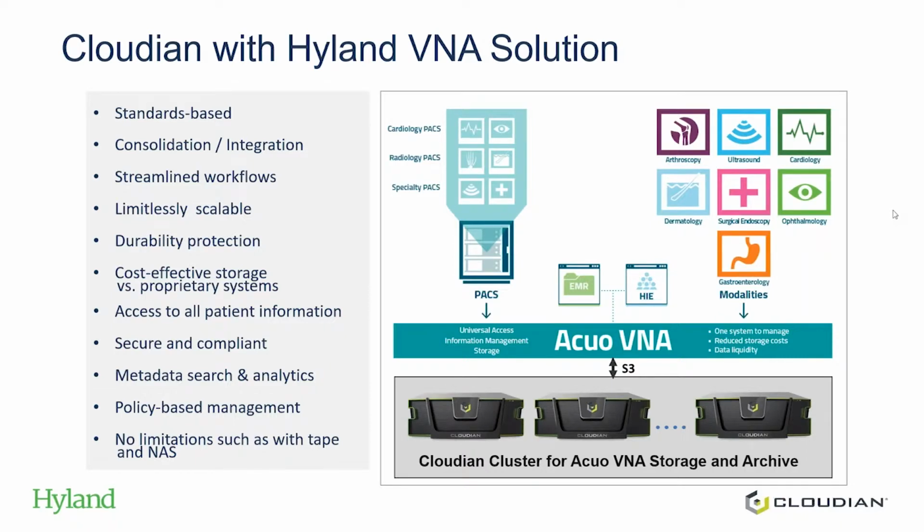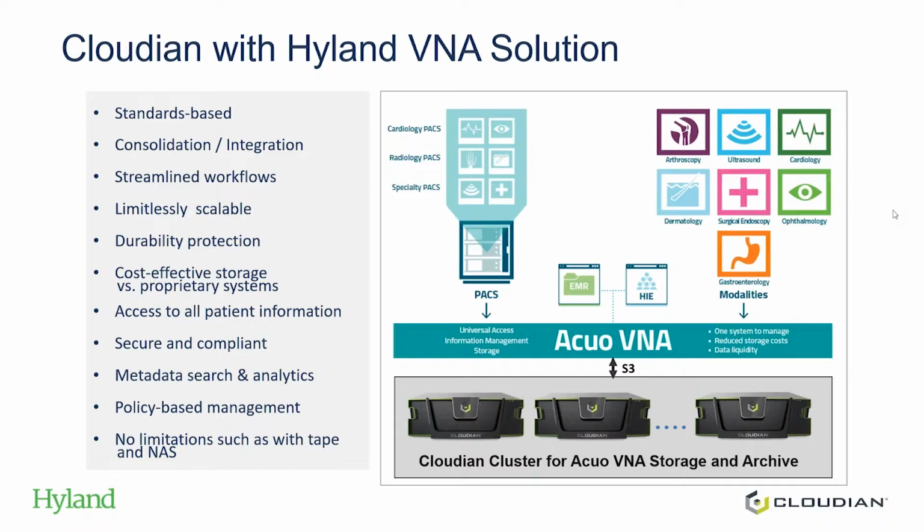A quick picture of what that looks like altogether. On the right side of this slide, we show the Hyland Acuo VNA that does that consolidation, one system to capture and manage all of that information.